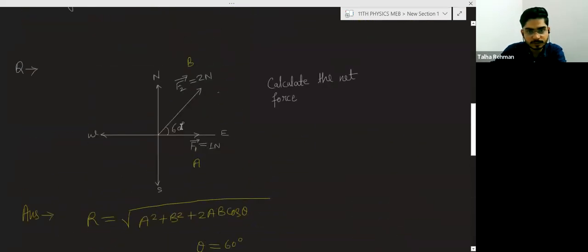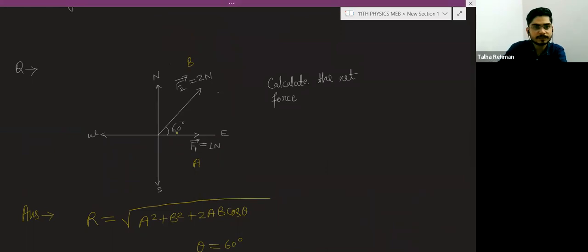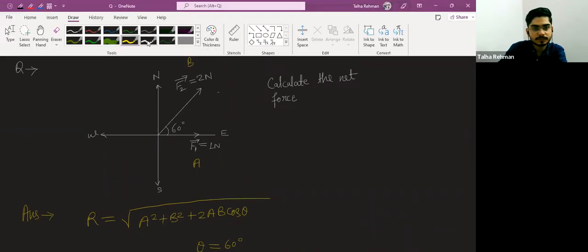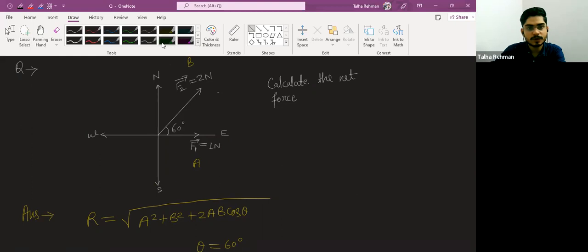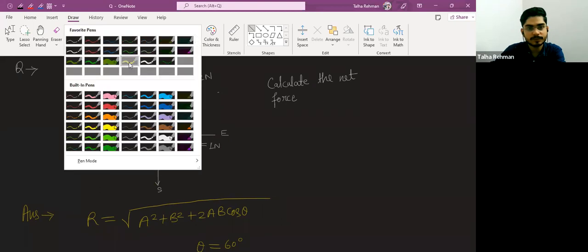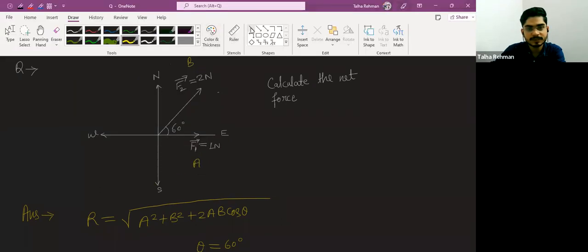So you can see in this question, your resultant will be in between the two vectors. Why will the resultant be in between the two vectors? Because of the parallelogram law. How will you draw the parallelogram? If you want to draw, then you can. Otherwise, I'm just explaining it.